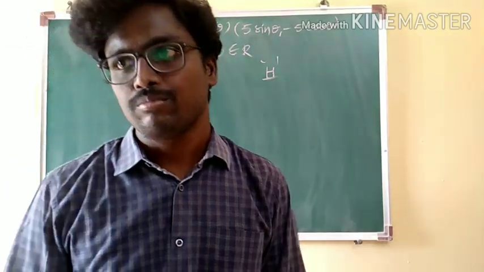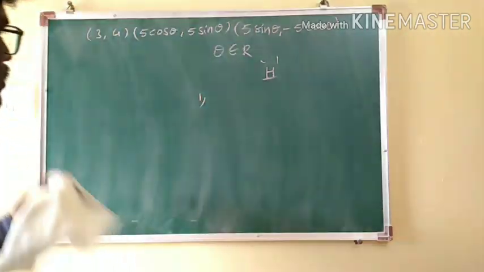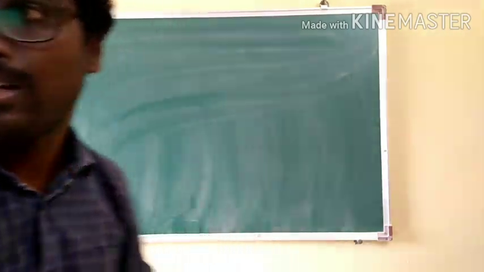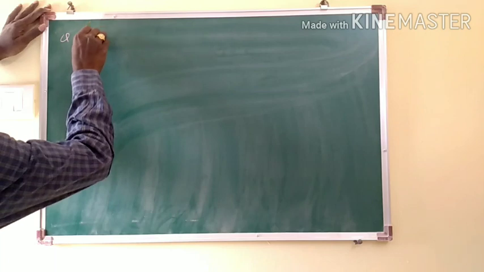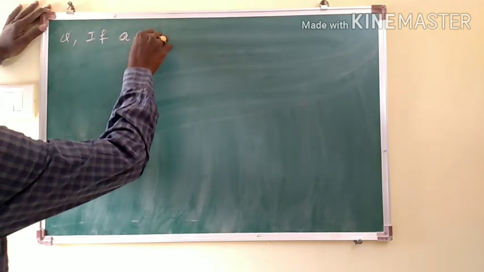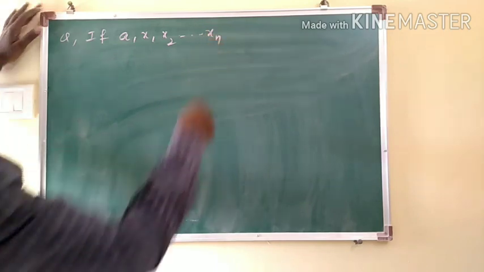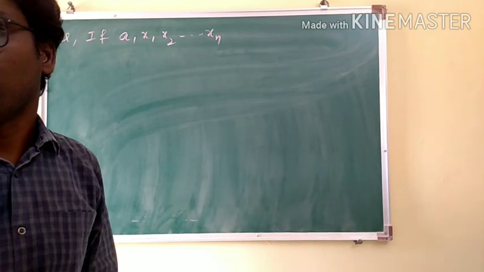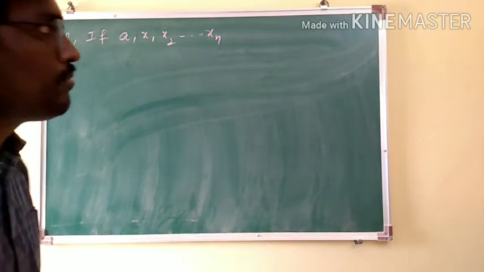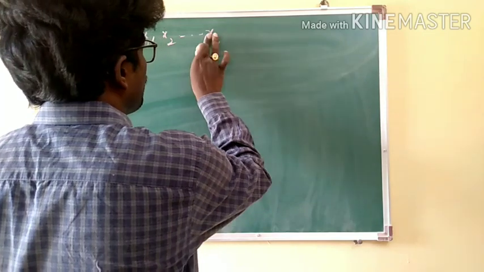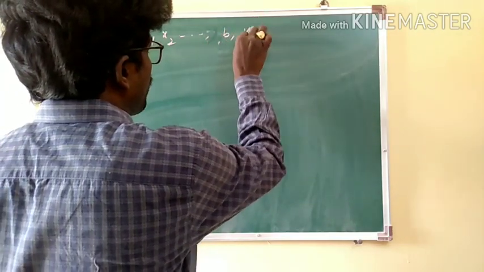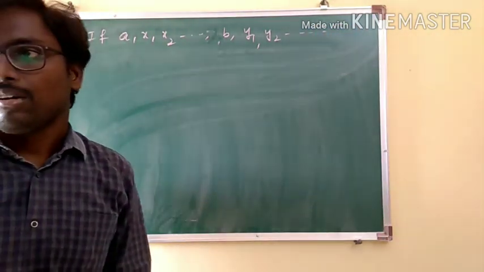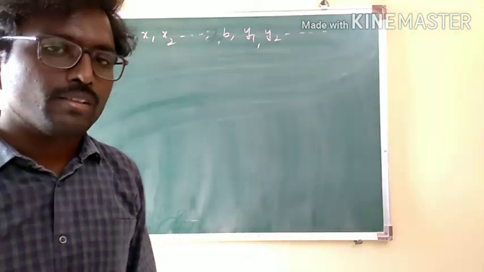Yeah, please note the next problem. If a, x1, x2, and so on xn, and b, y1, y2, and so on, form two infinite APs.